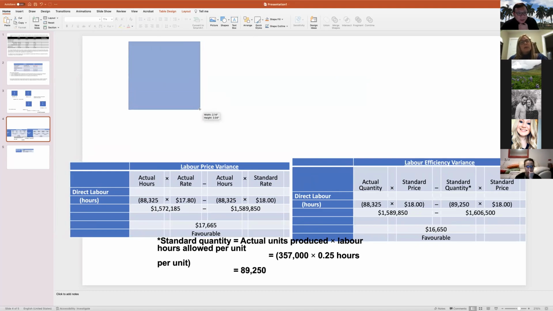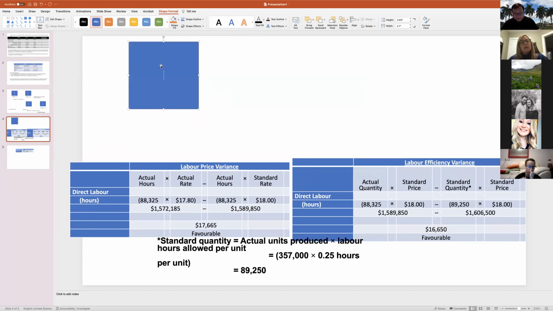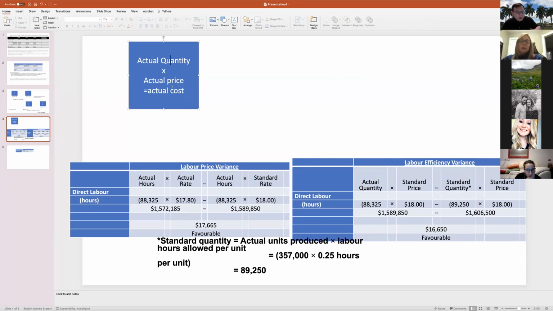Remember for direct labor, on the left side I'm going to say what's the actual cost: actual quantity times actual price, and this is your actual cost for labor.